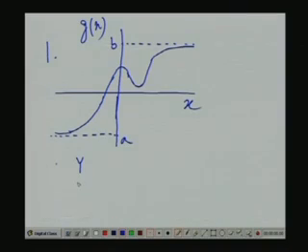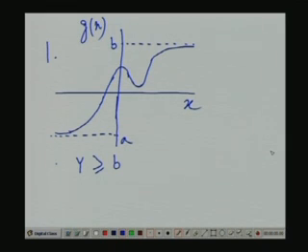First, suppose y is, by the way, look at this function, this is asymptotically touching b, it is not going above b, neither is it going below a. So, let us start like this: if capital Y is given to be greater than or equal to b, then it is a very simple situation. The entire range of x gives rise to values g x which lie below capital Y, because it is never touching b, it is only asymptotically touching b.